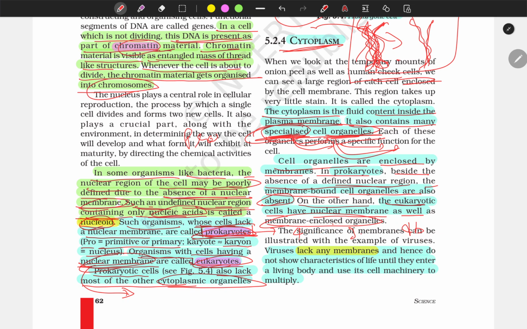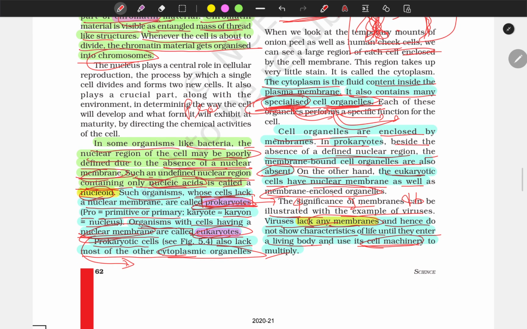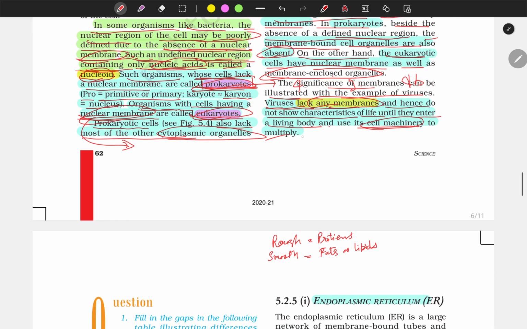The significance of membrane can be illustrated with the example of a virus. A virus lacks any membrane, hence it does not show any characteristics of life until it enters a living body and uses its cell machinery to multiply. So a virus is not even a living being. It is kind of a code.